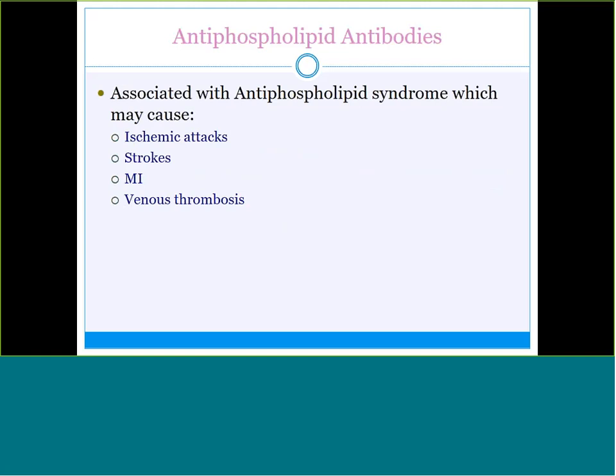Because of that, you're going to see strokes, because if a clot goes up, say into the brain, you can get a stroke. Ischemic attacks, where you have reduced blood flow and it causes a lot of pain, could result in an MI, which is a heart attack. Venous thrombosis, so if you have a clot down in your leg or somewhere else, you know, so that whole binding to the phospholipids with these antibodies triggers increased clotting, and it could result in one of those.